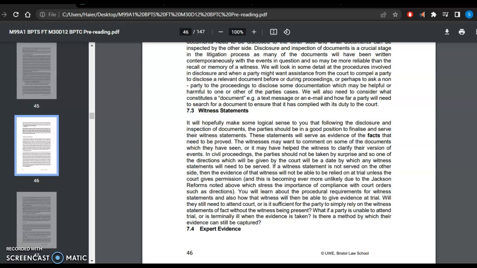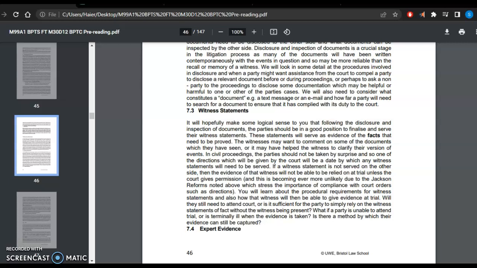In civil proceedings, the parties should not be taken by surprise, and so one of the directions given by the court will be a date by which any witness statement will need to be served.